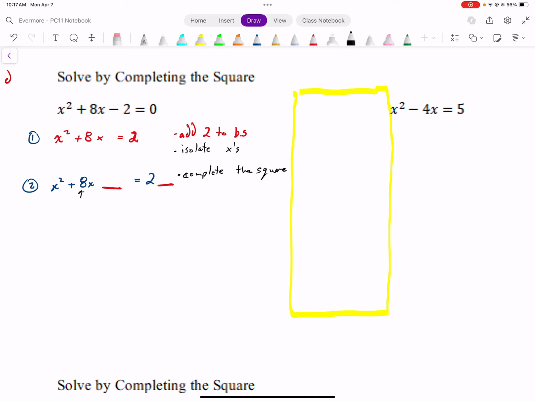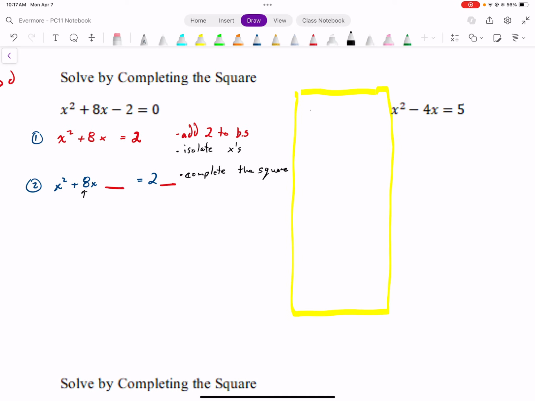To complete the square, I take a look at that 8, and I take 8 and I divide it by 2 and I square it. 8 divided by 2 is 4 and I square it. And that is equal to 16. So to complete the square, I add 16 to both sides.